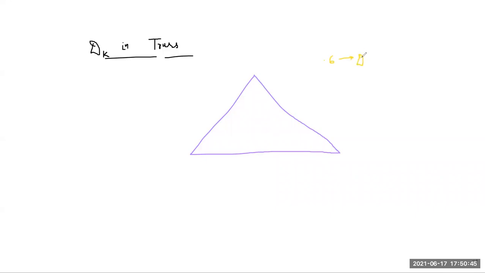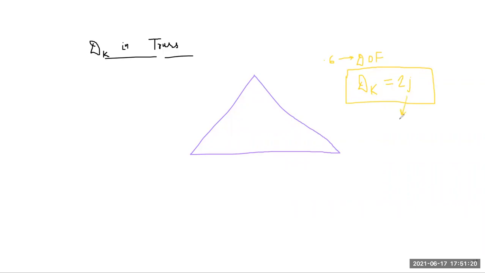If 6 is your degree of freedom, then DK is equal to 2j. If you use this formula, DK is equal to 2j, you find the degree of freedom for this truss, but this truss is not stable. Okay, good, this truss is not stable.